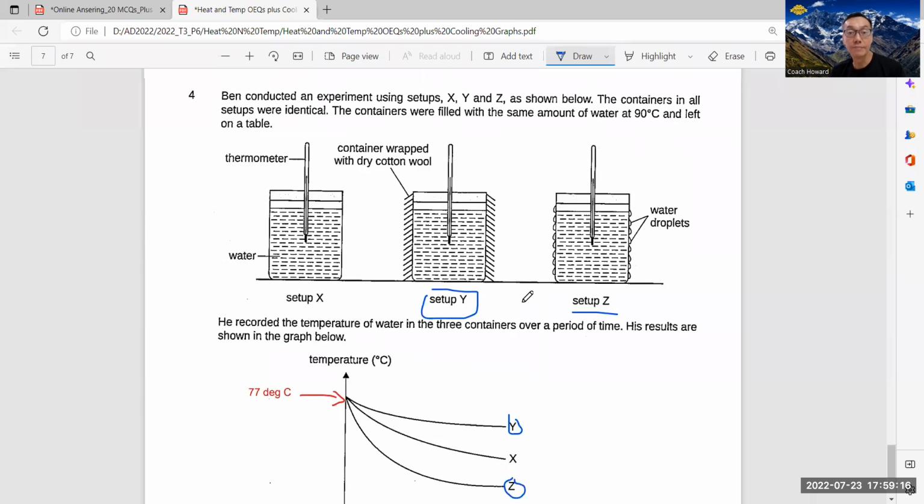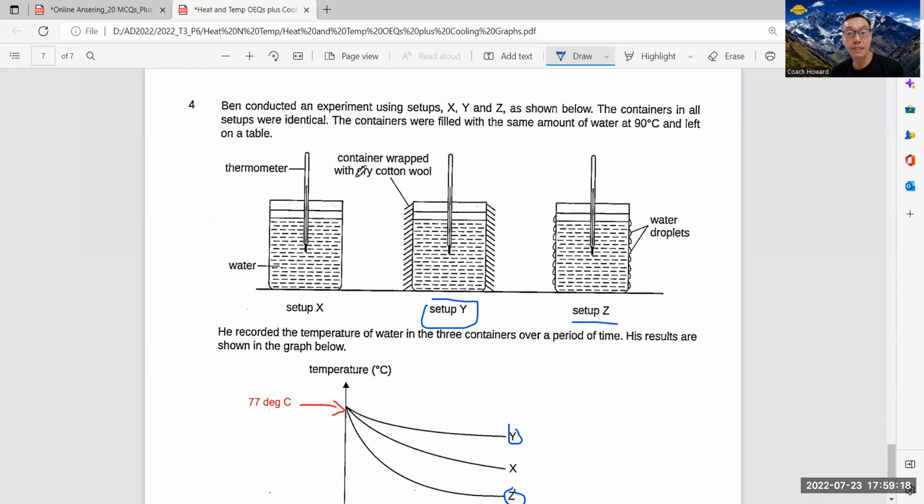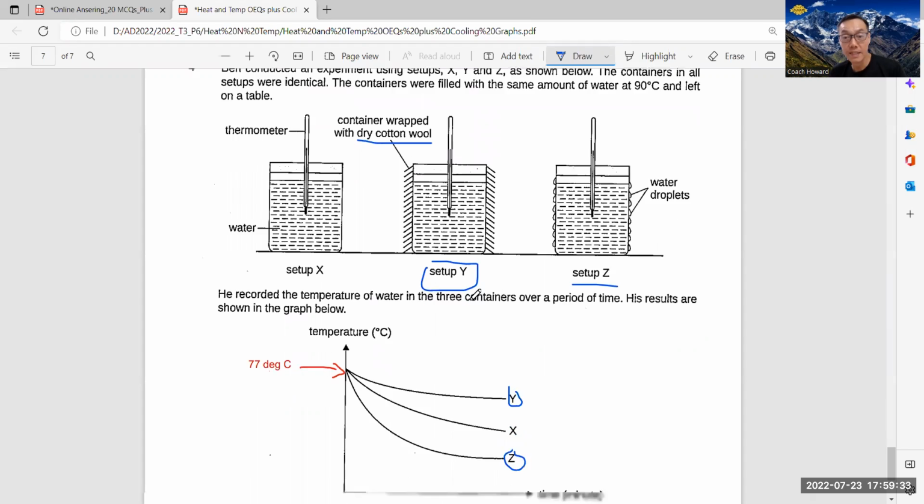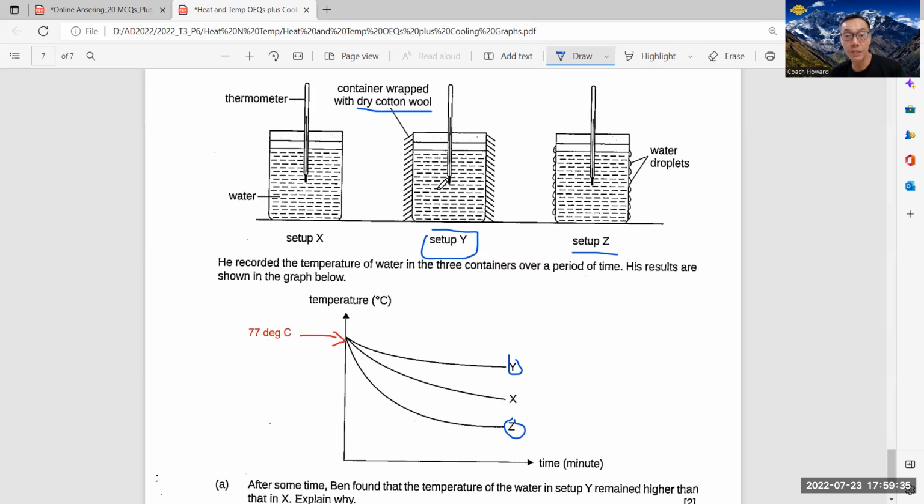You observe here there's a characteristic, the dry cotton wool. What does dry cotton wool store or contain? They trap air, right? Air is a poor conductor of heat. So that's why the hot water in this part would lose heat slower compared to X and Z. You notice this water droplet here.